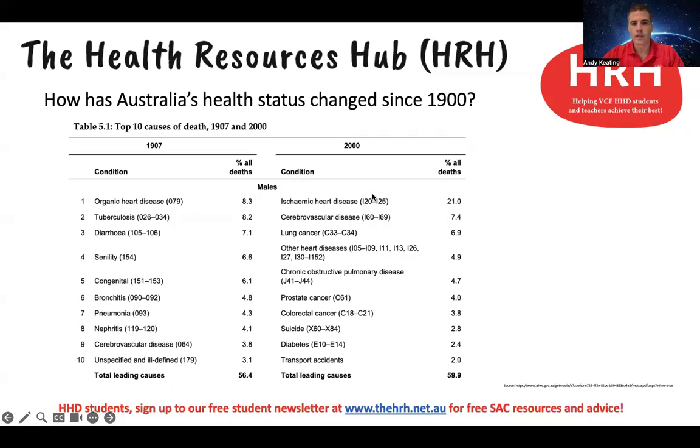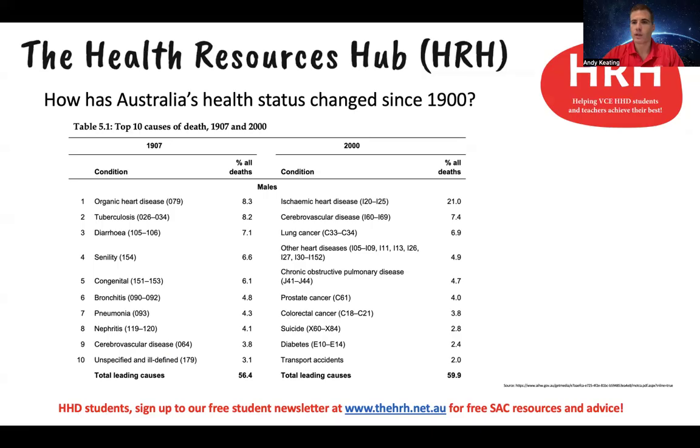Now, if you look over here in the year 2000, if you're looking for some of those conditions, they're really not there anymore in the top 10. So some of those infectious conditions have really dropped out. But some of these other conditions, so heart disease, cerebrovascular disease, which is like stroke, lung cancer, prostate cancer, colorectal cancer, diabetes, some of these lifestyle diseases that we were talking about earlier, are much more significant in the top 10 conditions than they were over here in 1907.